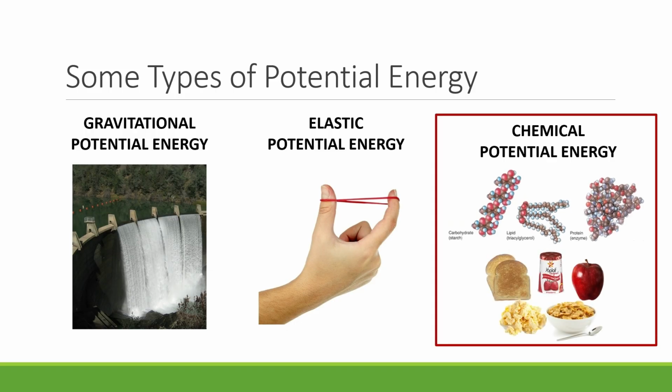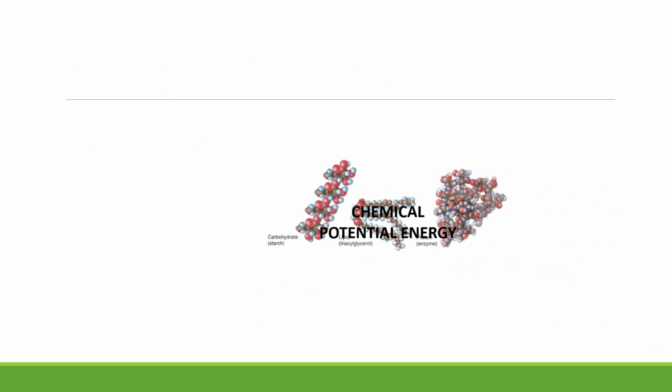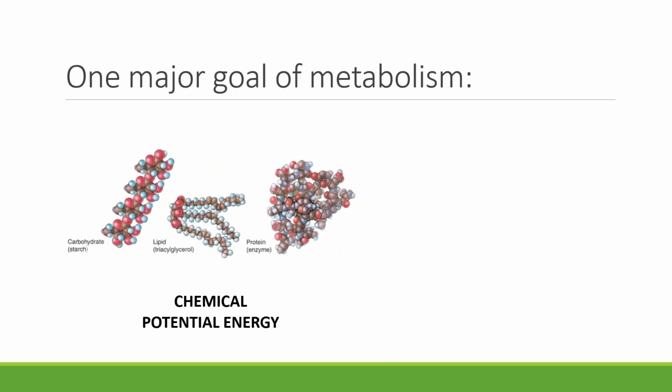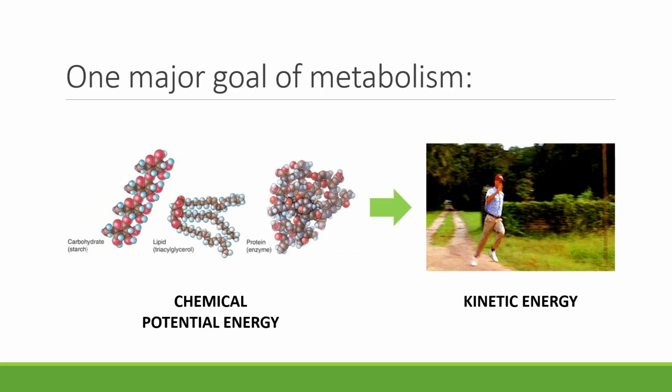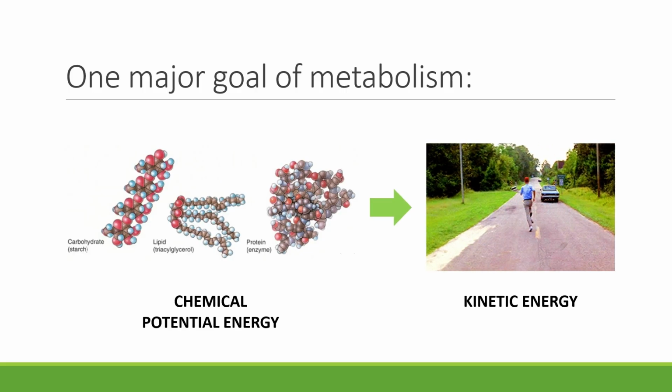And that's why eating food, which is made of chemicals like carbohydrates, lipids, and proteins, that food is able to supply us with energy. So, as we said before, one of the big goals of the body's metabolism is to extract energy, specifically by taking the chemical potential energy and converting it into kinetic energy. The kinetic form is what allows us to function.